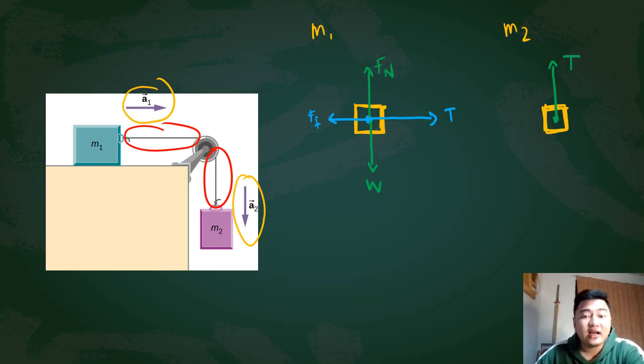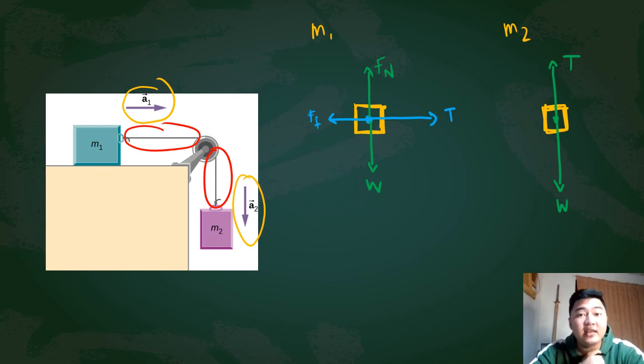However, it's accelerating downward. Therefore, what will be the force that causes it to accelerate downward? It will be the weight of the object, which should be larger compared to the tension force because it's accelerating downward. Do we have any other forces to factor in here?